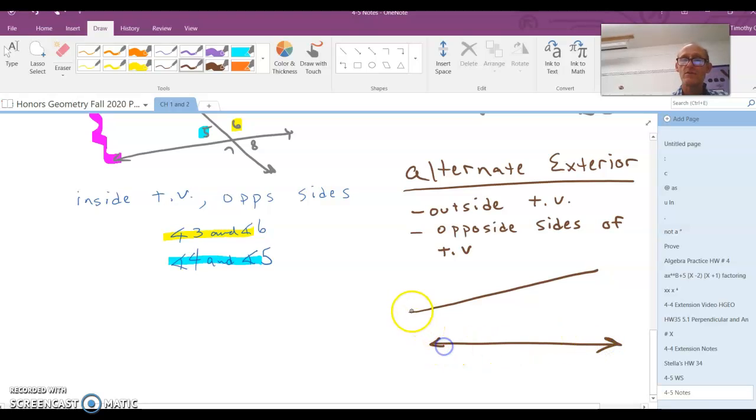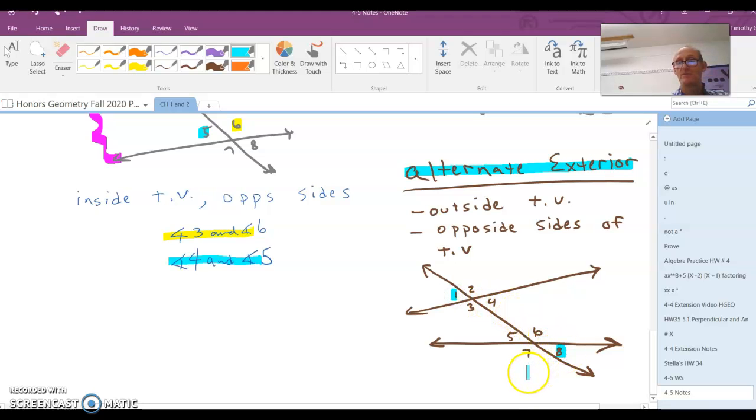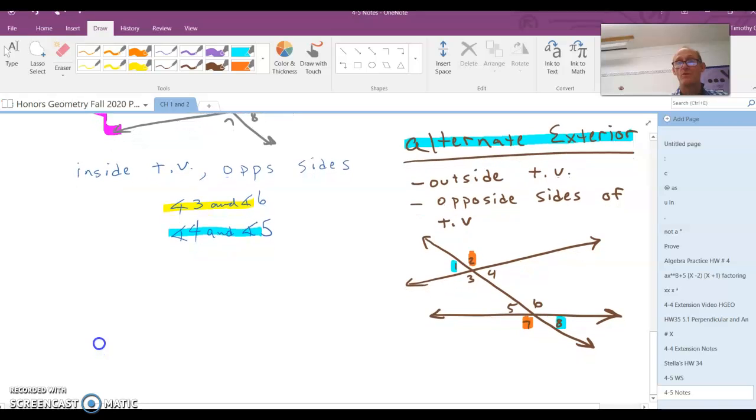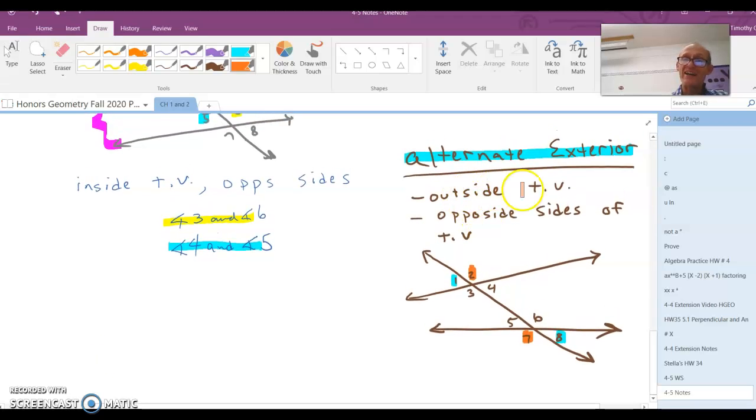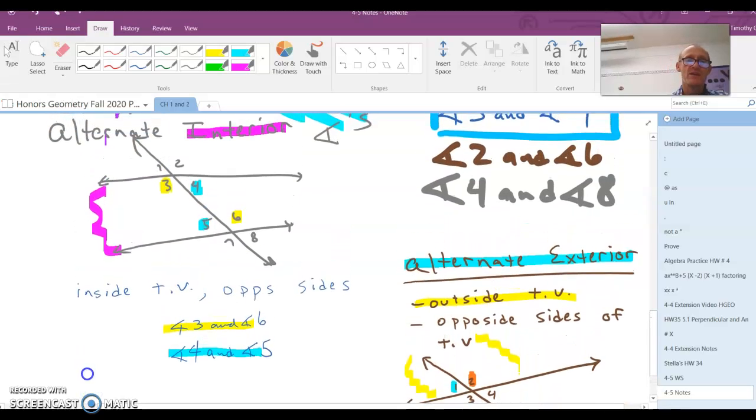Here's two lines, here's the transversal, and here's the 8 angles. 1, 2, 3, 4, 5, 6, 7, 8. So alternate exterior angles are 1 and 8, and 2 and 7. They're outside the two lines. This is the inside of the two lines, interior. It's not inside the transversal. That's not right. I don't know what I was thinking there.